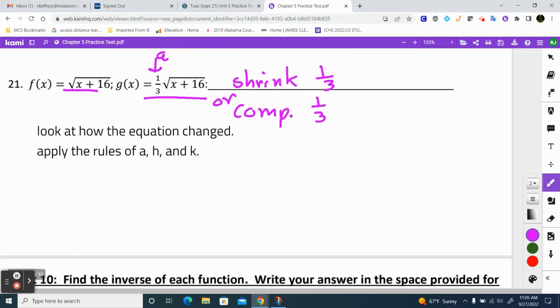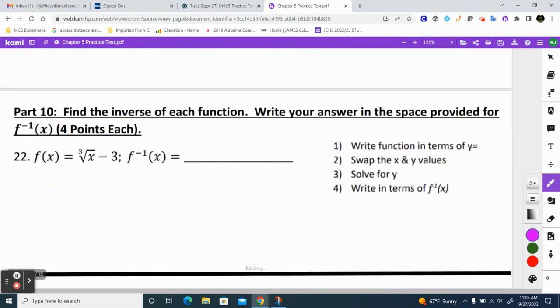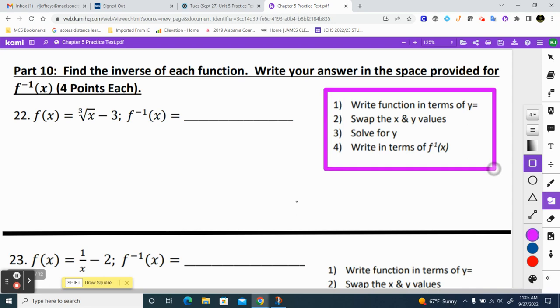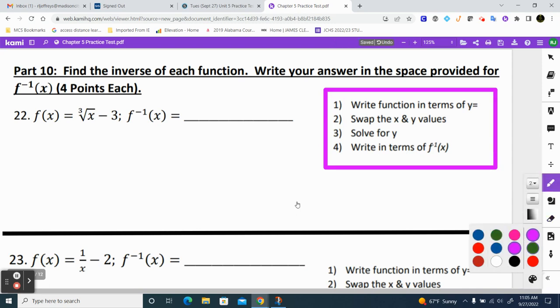All right. Part 10, 4 points each. Okay. I just kind of grabbed the steps from the notes from yesterday. So I'm kind of going to do it like the steps say.